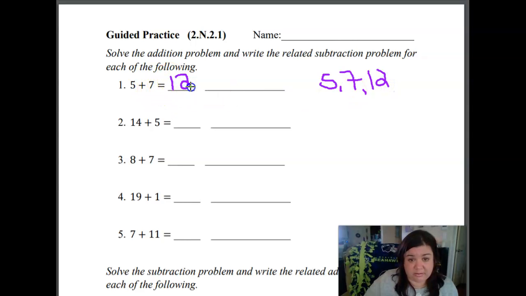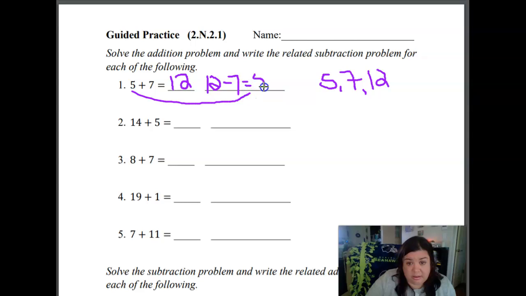We just said that. And then we have to write the subtraction problem. So which one are we going to start with? We're going to start with the answer. That's the biggest number. So we do 12 minus, now do you want to do 12 minus 7 or 12 minus 5? It doesn't matter. We're going to have to do both. So 12 minus 7 equals what? We're only working with 3 numbers, so what is it?